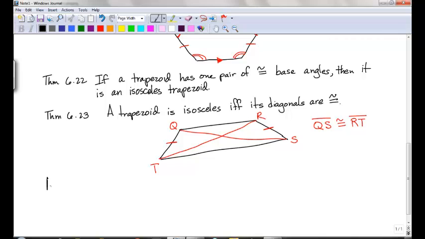The next thing the author defines is what they call the mid-segment. Mid-segment, that's a new term.